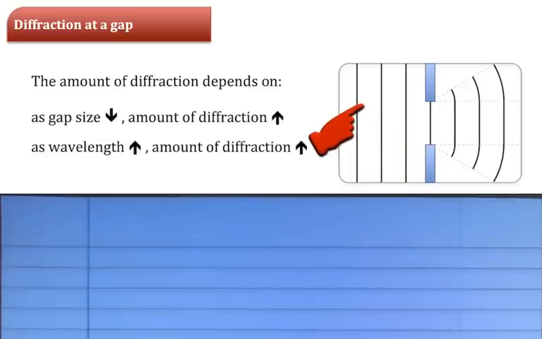Now all I've done here is, as these lines strike this gap, I've drawn first of all a line from here down to here as if there was no diffraction, and then from here down to there again, and then from here down to there as if there was no diffraction.